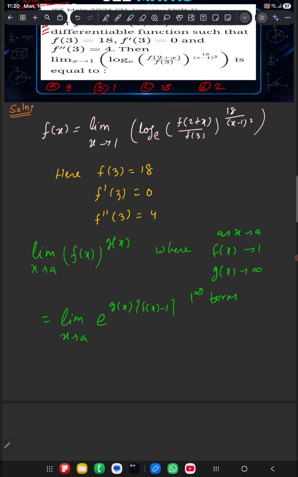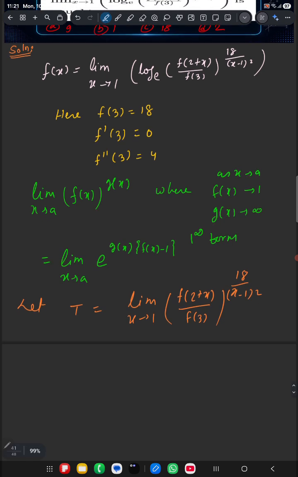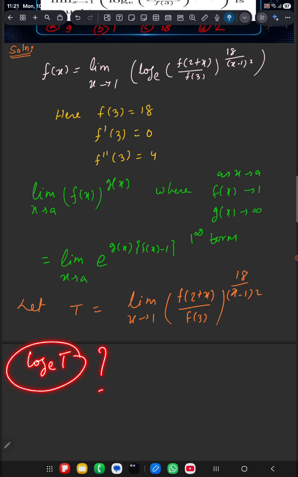Let t be the limit x tends to 1 of f of 2 plus x upon f of 3 raised to the power 18 upon x minus 1 square. Afterwards, whatever you get as t, you will apply log e of t. That will be your answer.